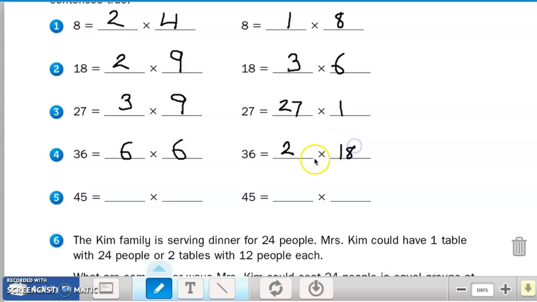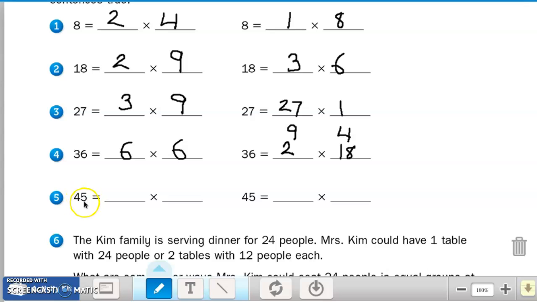If you count by 2's all the way to 18, you get 36. There's another one that might be easier for you: 9 times 4 is 36 as well. So these are all factors of 36: 6, 2, 9, 4, 18.